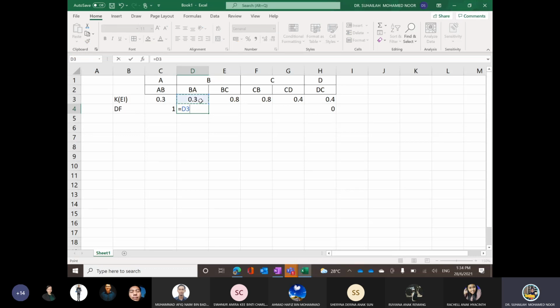So we calculate the value. It is 0.3 divided by 1.1, and then 0.8 divided by 1.1, and then 0.8 divided by 1.2, and then 0.4 divided by 1.2.